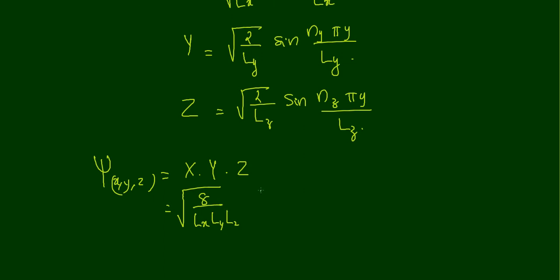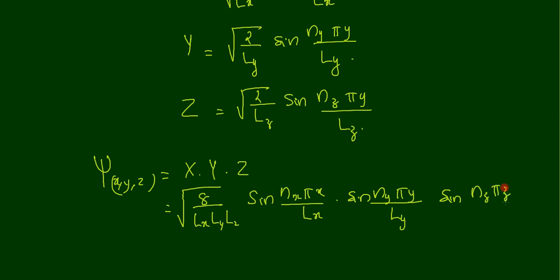Okay, and then sine functions are coming: sine nx pi x divided by Lx, sine ny pi y divided by Ly, sine nz pi z divided by Lz. Okay, so this is a complete solution, a psi function. So psi is equal to this one for the particle in a rectangular box.